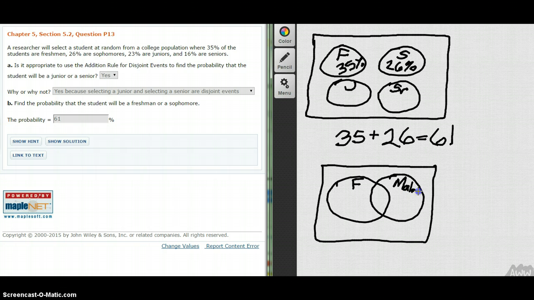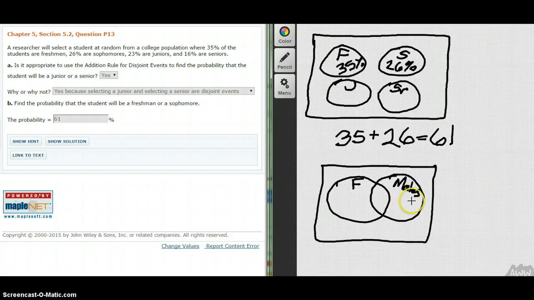So these are first year students, these are males, and this isn't drawn very well, but the point is there are first year students who are not males, so these would actually be females in here. Then there are first year students that are males. In other words, these students meet both criteria. They're a first year student and they're a male.